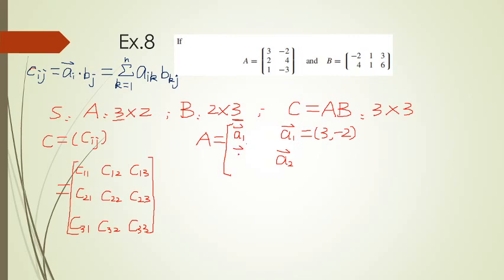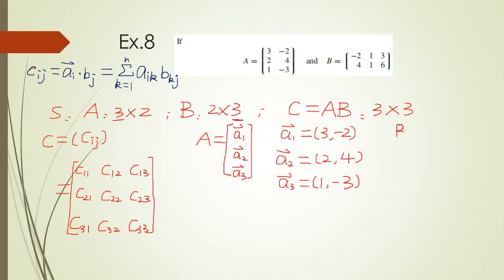A2 is the second row, 2, 4. A3 is 1, minus 3, right? And then matrix B.